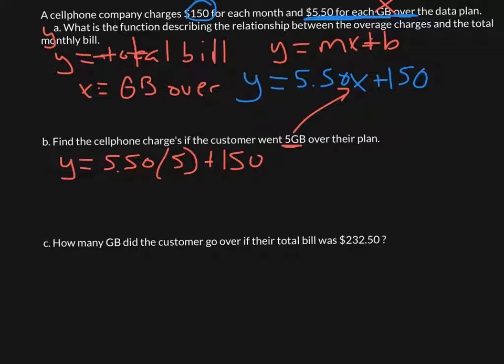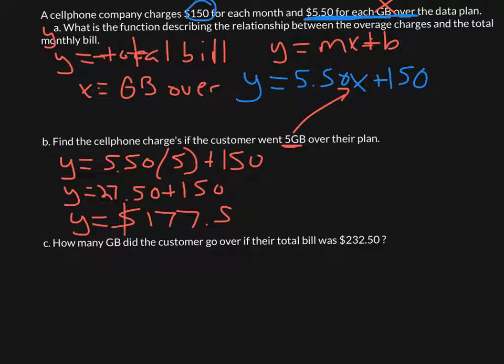Let's do a quick solving here. 5.50 times 5 would be 27.50, plus 150. So my bill for that month is going to be $177.50.